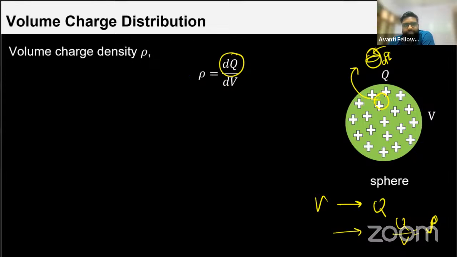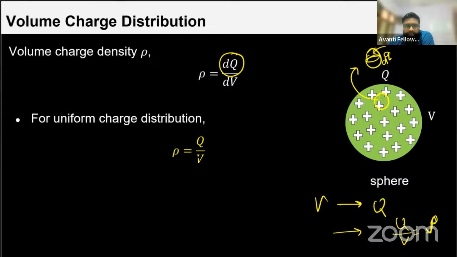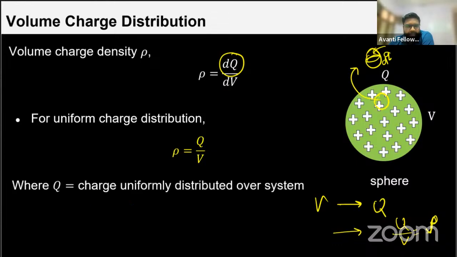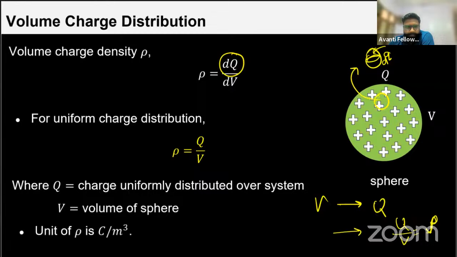This is also termed as volume charge density. With the help of that also you can calculate the charge over a volume, where Q is the uniform charge distribution over the system and V is the volume of the sphere.